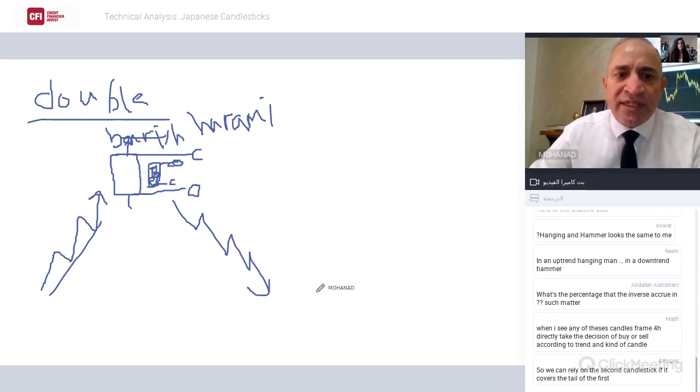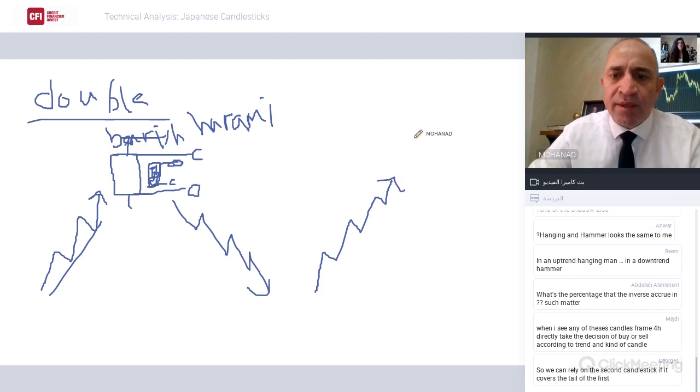The other type of the reversal top candlestick: I have a white candle. The next candle, the black candlestick, covers completely the first white candlestick.